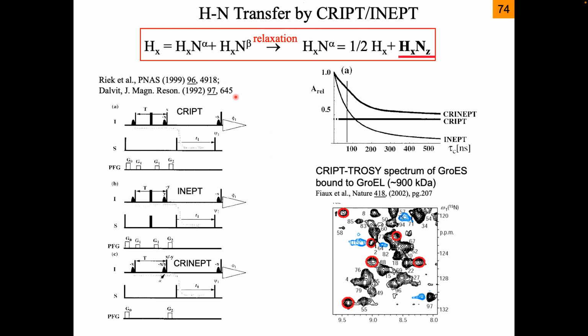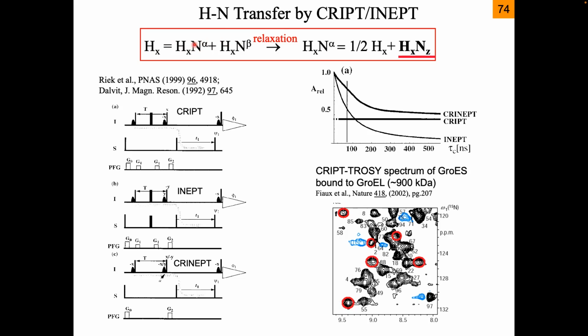And for that, you have to know that when you talk about transverse proton magnetization like this HX, it's actually consisting of a term HX N alpha plus a term HX N beta. And these two terms, with the nitrogen up or down, have different relaxation rates because of this CSA dipolar cross correlation. So actually, the beta term relaxes faster than the alpha term.